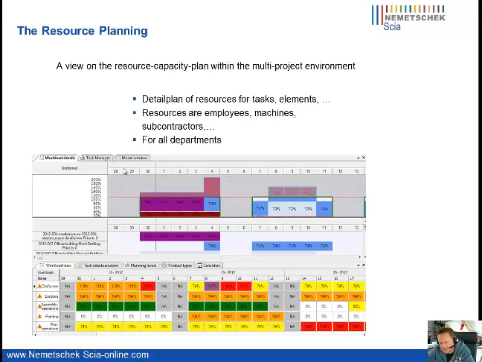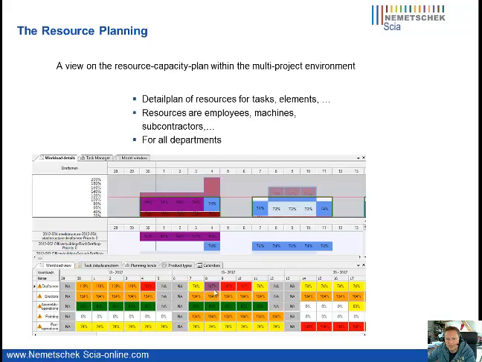Based on all these conditions of the projects, we get information for each of the resources. For instance, in this example we concentrate on the draftsmen, the erectors, the assembly operations, the part operations, and the painting department. What we see here is, in a certain week, the load for each of these groups of resources.